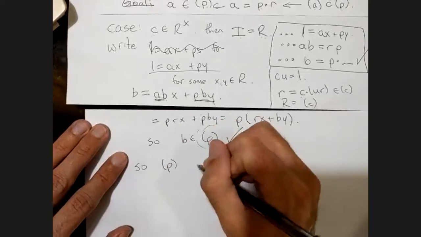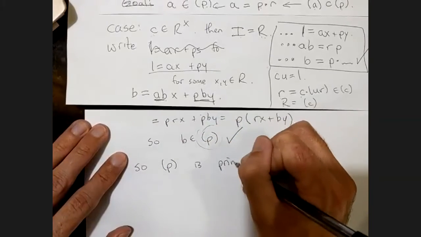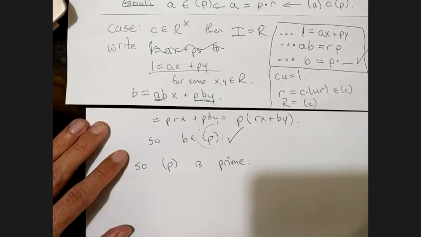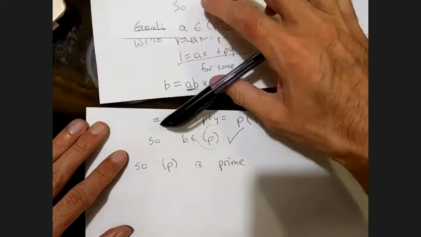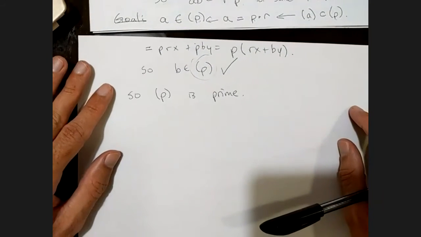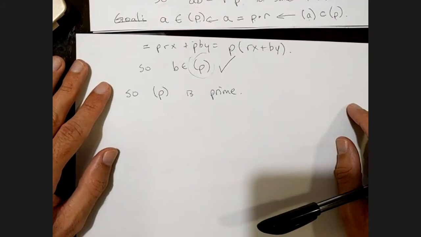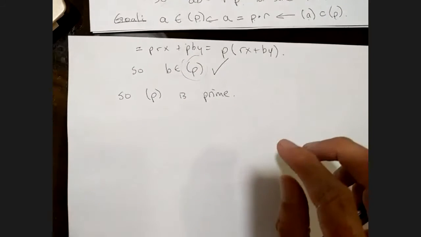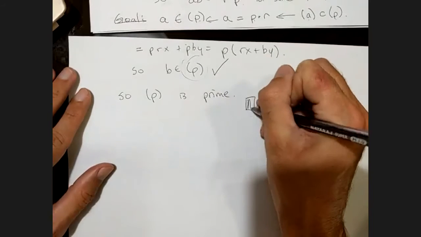So P is prime. Okay, and that's the end of that proof.